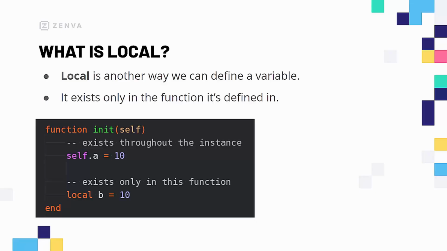That just overall, I guess, saves memory in the grand scheme of things. Whereas defining a variable as self dot and then the variable, we are creating that variable and adding that to the instance of that script component. So we have access to it across multiple functions and across the entire lifetime of that component. Whereas local means we only have access to that variable in the specific instance that we are running that function.